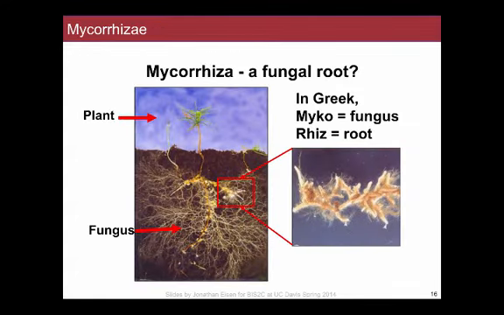Mycorrhizae is basically fungal root associations. There are quite a diverse array of different kinds of mycorrhizal associations, and I'm going to just tell you briefly about a few of those.